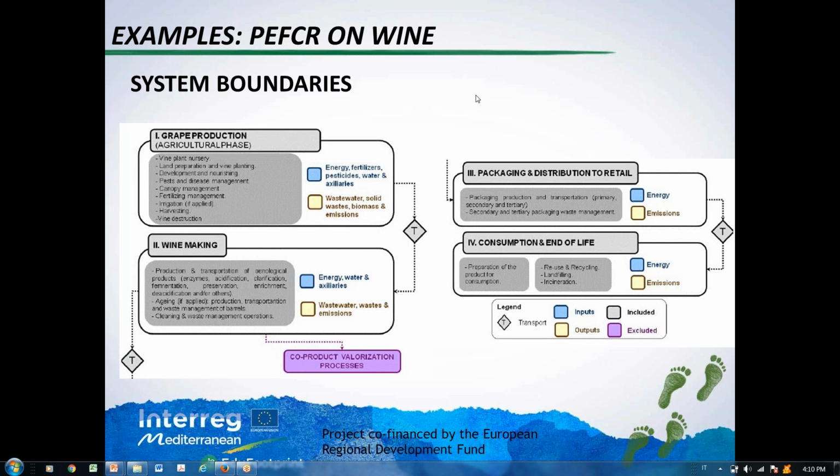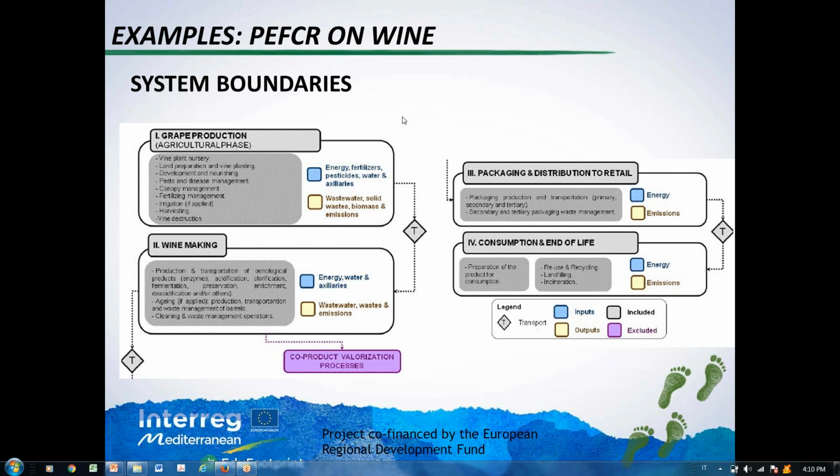Case study. We are talking about a virtual wine, and inside this study there are the environmental performances of a sparkling wine and of a still wine, right?